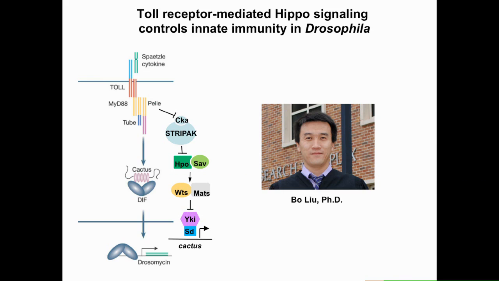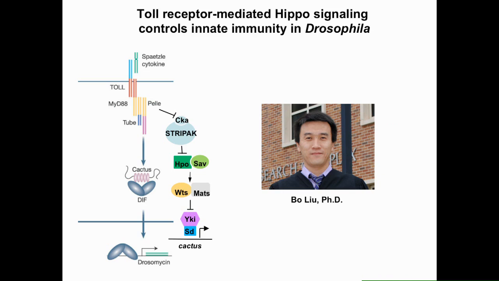Yeah, that's a great question. What we like to think is that this link between Toll and Hippo is not restricted to the fat body. There are lots of hints about both Toll and Hippo being involved in other contexts, such as cell competition, work from Nora Johnson and many others, which implicate both pathways in cell competition, and other work in the early embryo involving convergent extension.